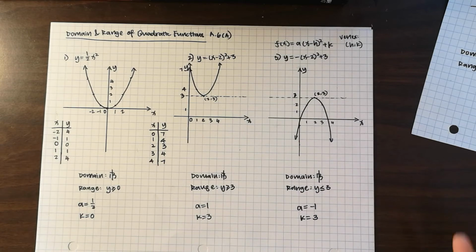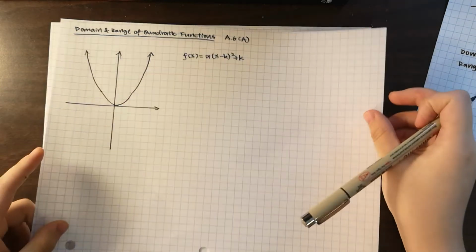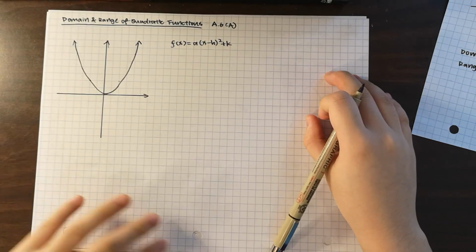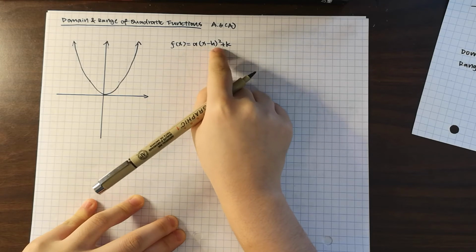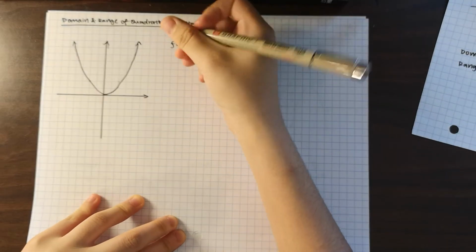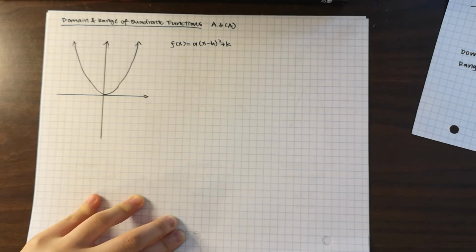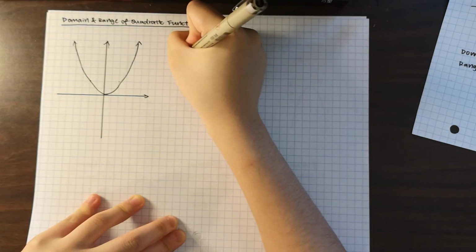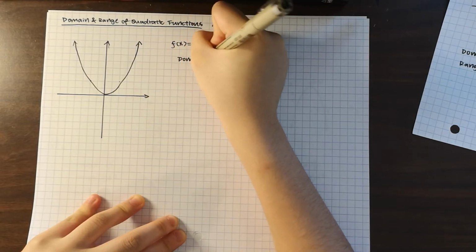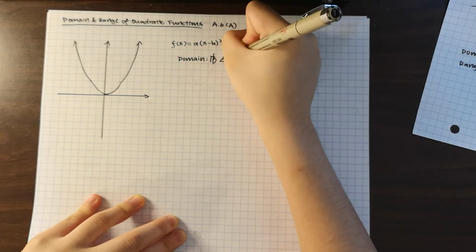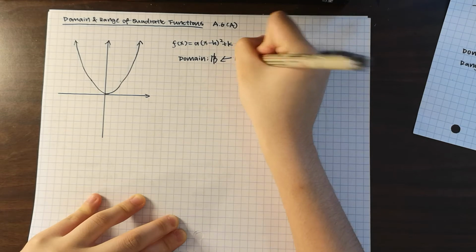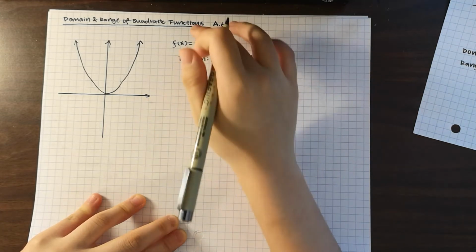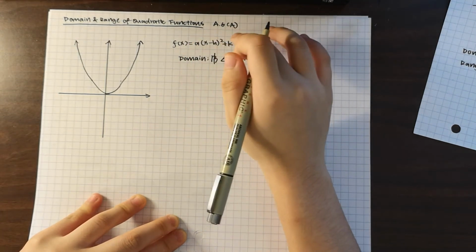So after looking at these three graphs, let's make some conclusions. We have the function f(x) = a(x - h)² + k. Remember that the domain is always all real numbers for all graphs, while the range is associated with the value of a and the value of k.